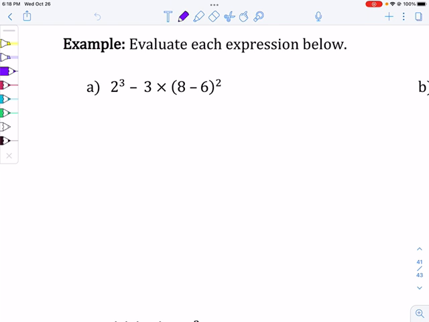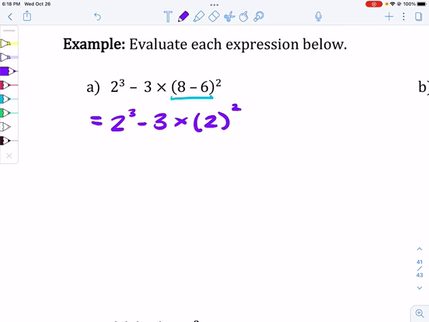Okay, hopefully you paused, hopefully you tried them, now you're back. So if I'm taking a look at this, my first letter in BEDMAS is B, which stands for brackets. The first thing I'm going to tackle is that brackets. I'm going to leave everything else exactly as is, and I'm going to simplify 8 minus 6 to be 2.